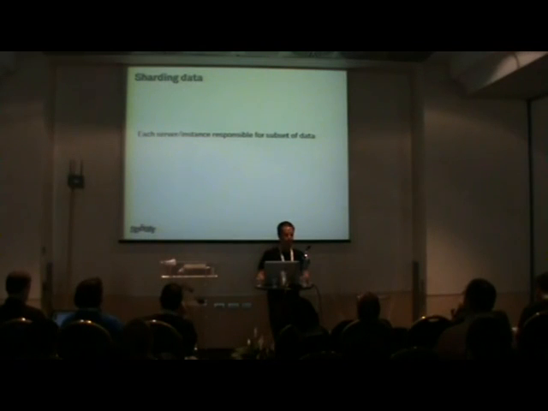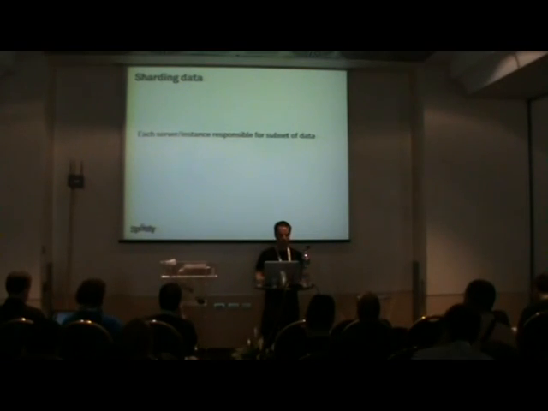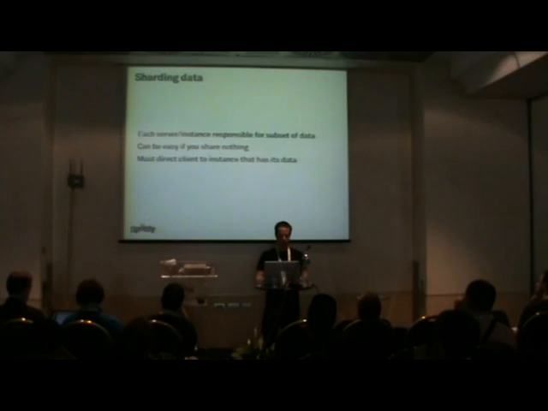So split up your data set so that each instance or server is responsible for some subset of all that data. If you share nothing, really, in your service, this is pretty easy to do. The only challenge is that you have to direct the requests to the correct instance for that data. But if you want things like replication, which you probably do, because failures do happen, then it gets to be a much harder problem.